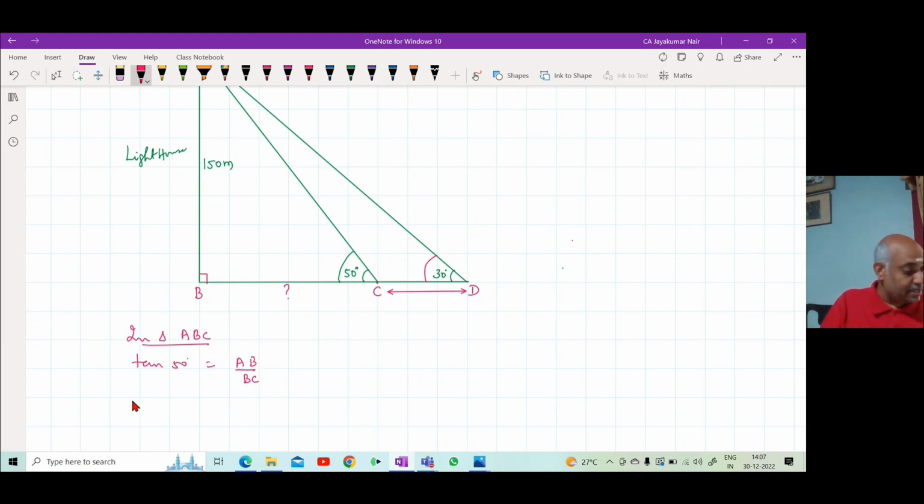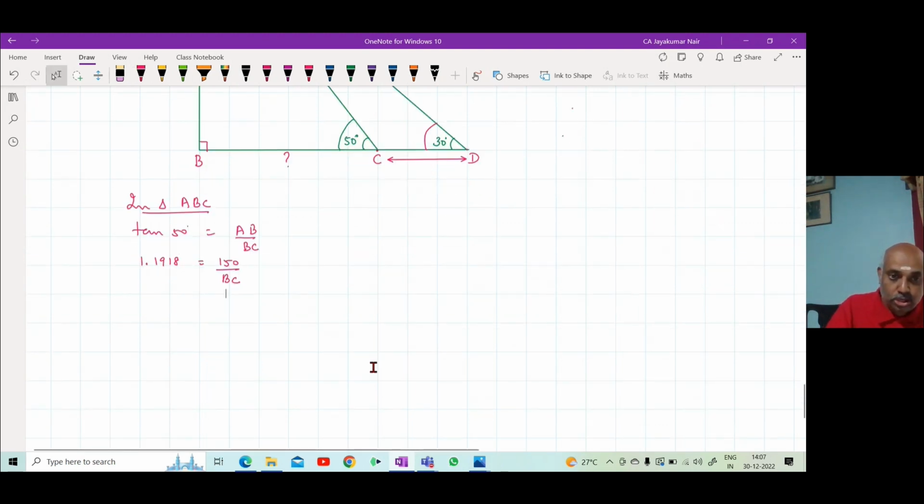Tan 50 is 1.1918, which is equal to AB over BC. AB is 150. BC we don't know. So to find BC, it's 150 over 1.1918.